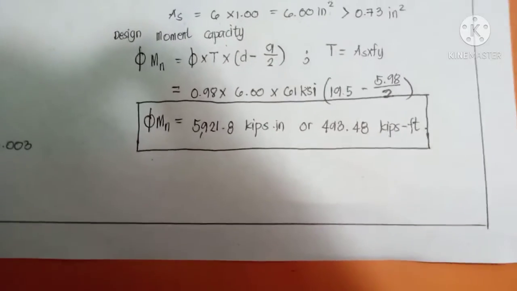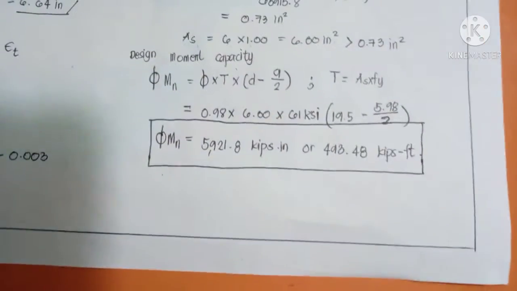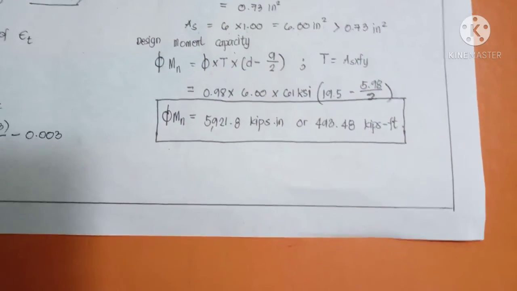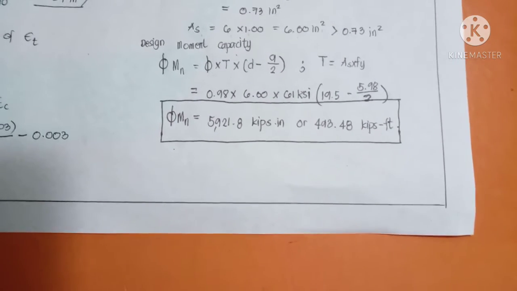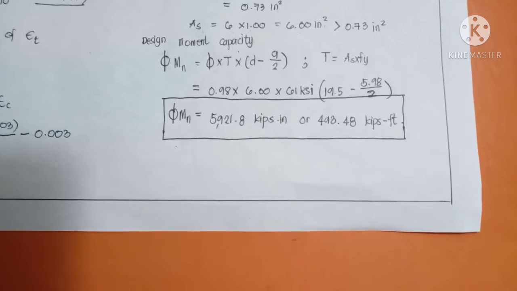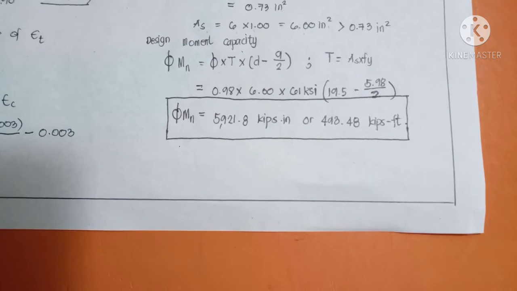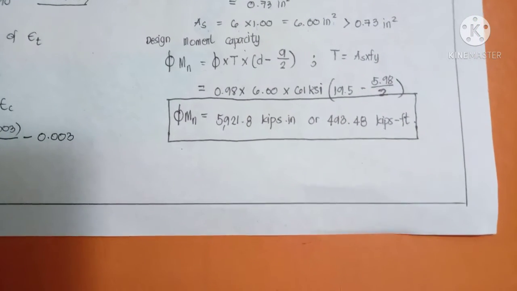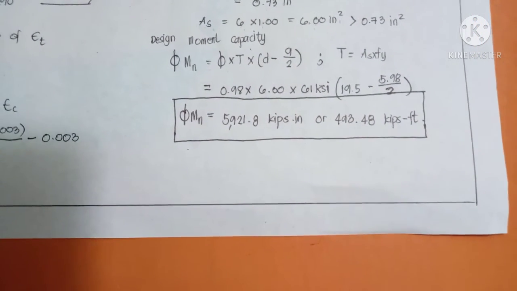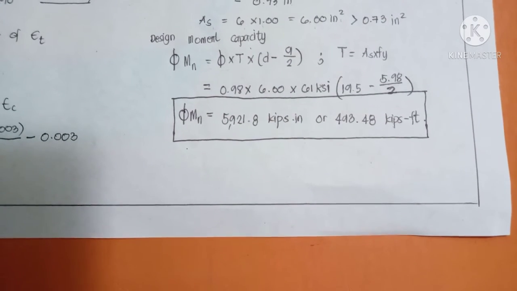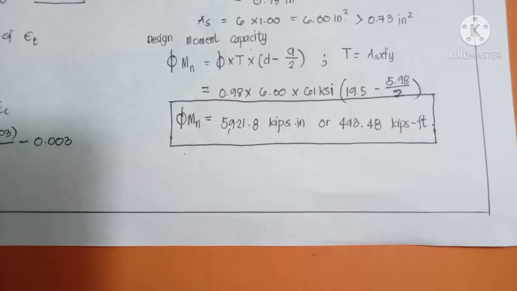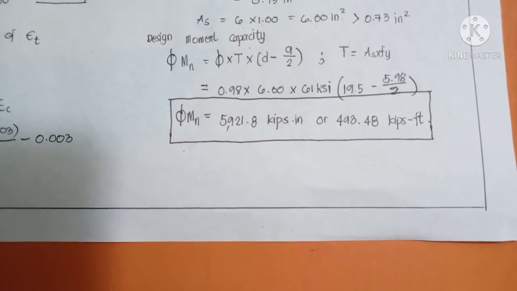Finally, let's calculate the nominal moment capacity of the section. To make it easier to solve, I prefer to calculate the moment about the center of the compressive force. So we have the design moment capacity, which equals phi times T times the quantity of d minus a divided by 2.